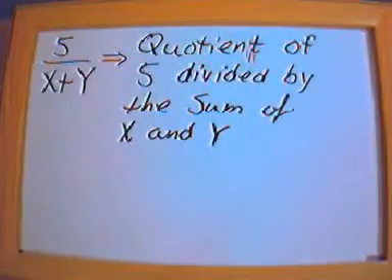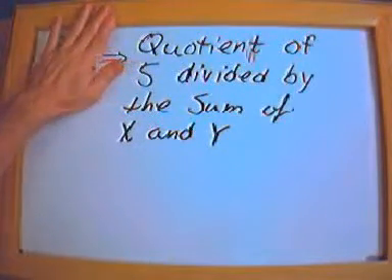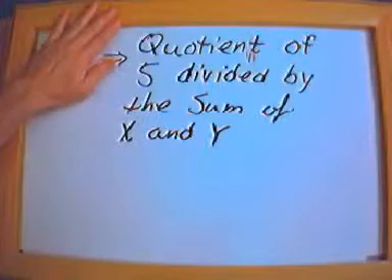The quotient of 5 divided by the sum of x and y. So pretend you don't even see this, and this is your word problem: the quotient of 5 divided by the sum of x and y.